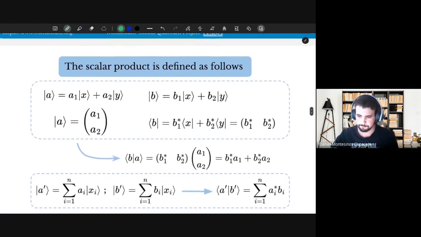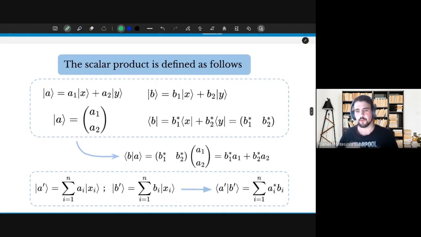So this is not the only way. I mean, in quantum mechanics, depending on the properties of the quantum system, the scalar product can change a little, or not a little.